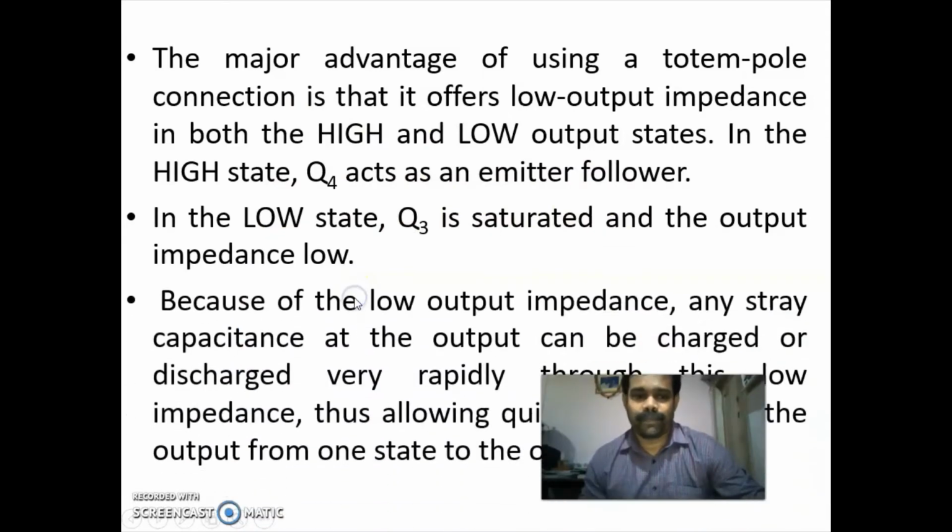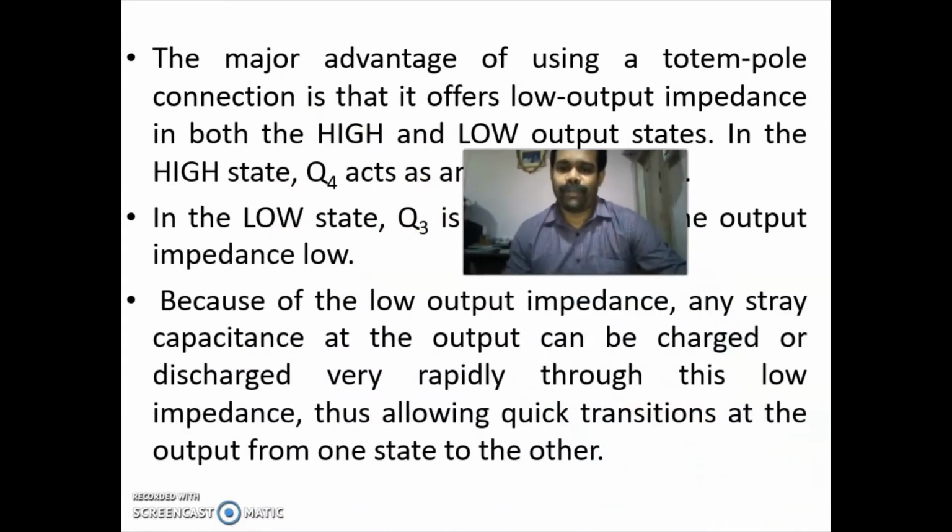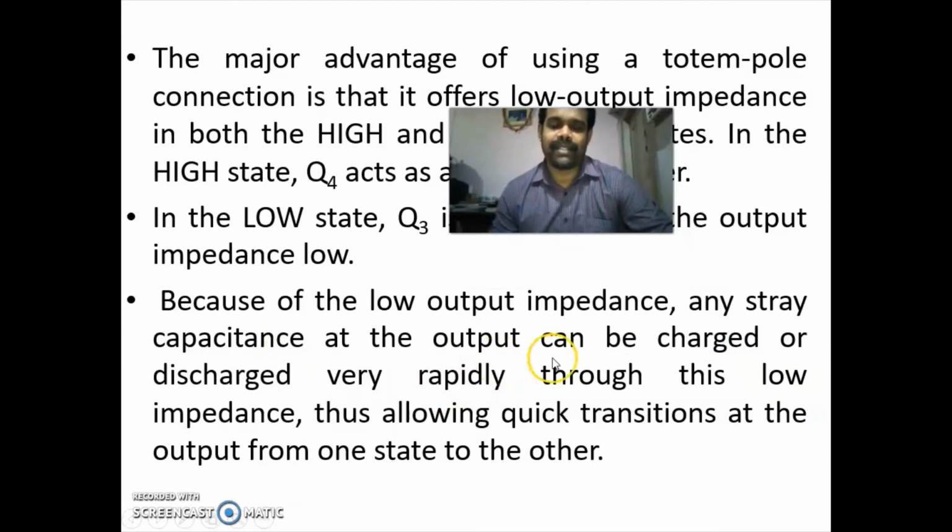Because of the low output impedance, any stray capacitance of the output can be charged or discharged very rapidly through this low impedance, thus allowing quick transition at the output from one state to another. So due to this low output impedance, the quick transition from one state to another can be done very easily.